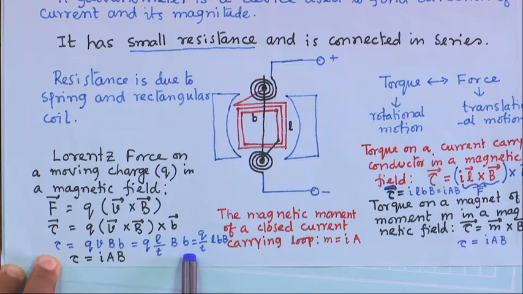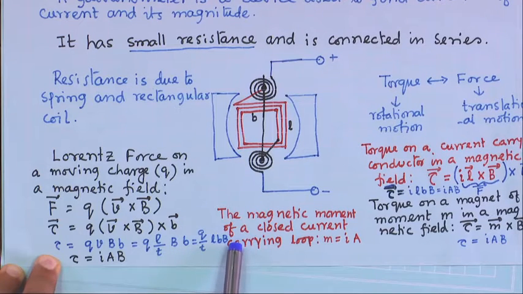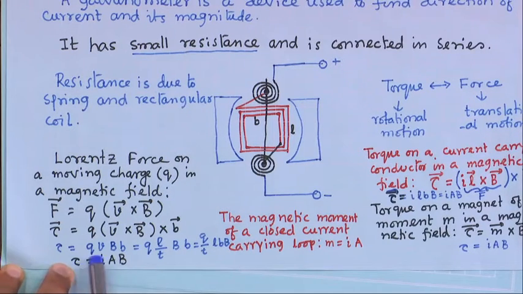Now we adjust it slightly: Q by T into L b B. So, Q by T is I, L b is A, and this B is the magnetic field B. So from here also, tau equal to I A B.